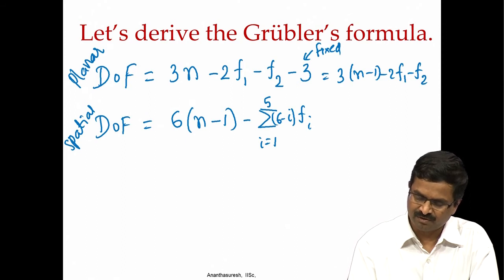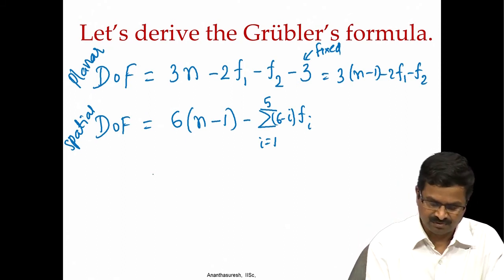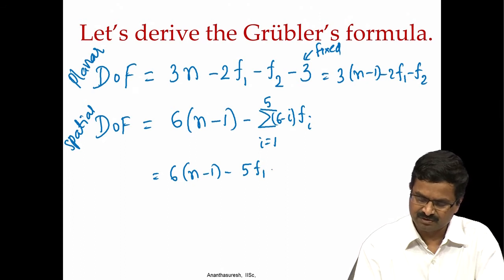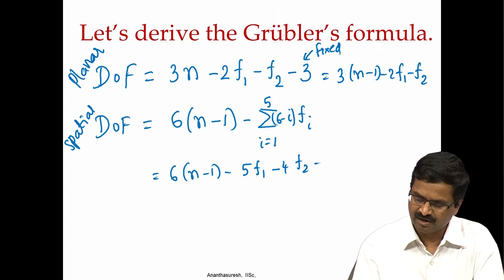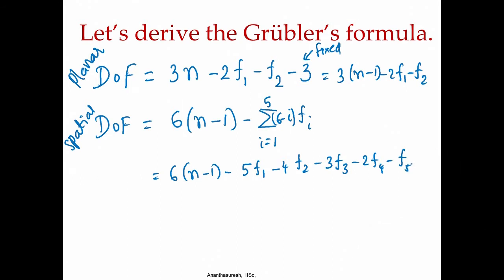Okay. So, when i equals 1, that is F1, it is going to remove 5 degrees of freedom. So, that is how we got the formula, 6 into n minus 1, minus 5 F1, 6 minus 2, if I have F2, that will become 4, and then 3 F3, minus 2 F4, minus F5. That is the interpretation of Gruebler's formula, right.